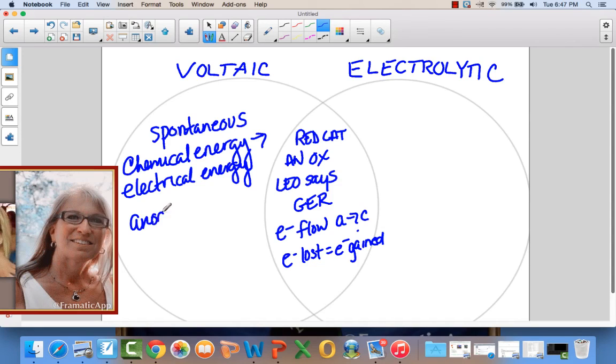The anode is negative and the cathode is positive. It has a salt bridge, which allows the flow of ions.